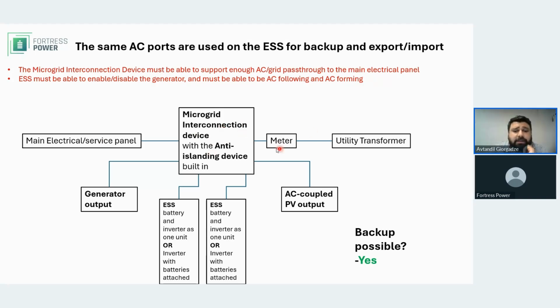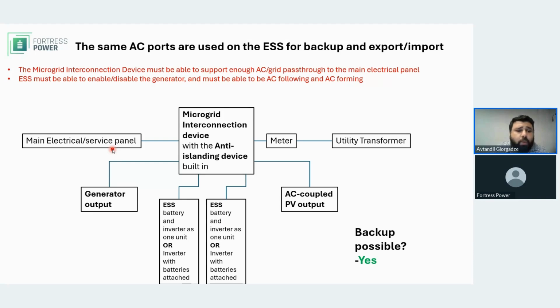So when the grid is available, the anti-islanding device is not separating the microgrid interconnection device from the meter. And what you can do when the grid is available is send power from the energy storage system devices or AC coupled PV output to the grid, or supplement the import so that your main electrical panel demands less electricity than it would have otherwise.